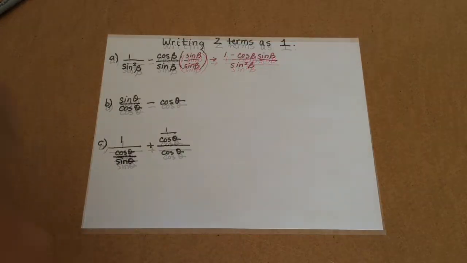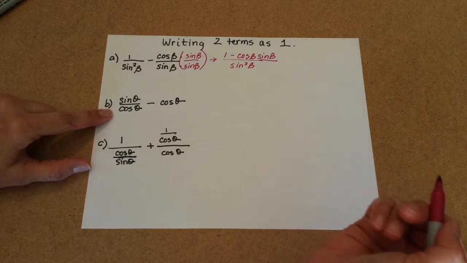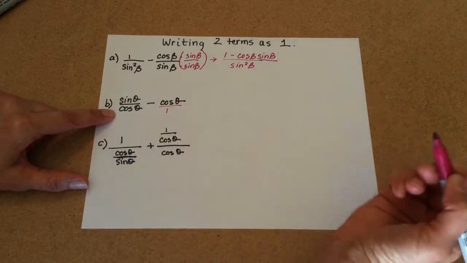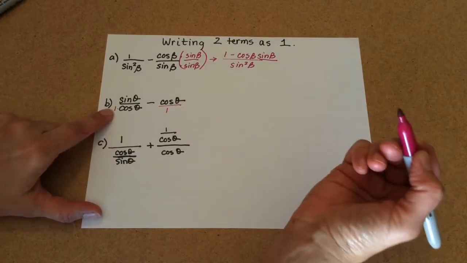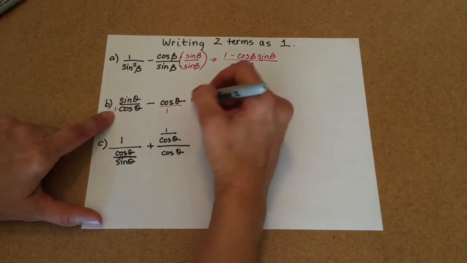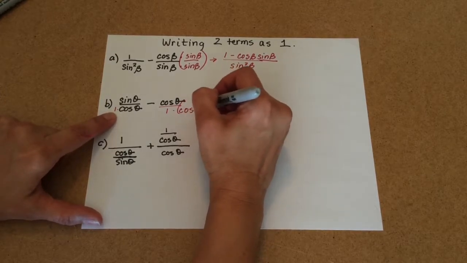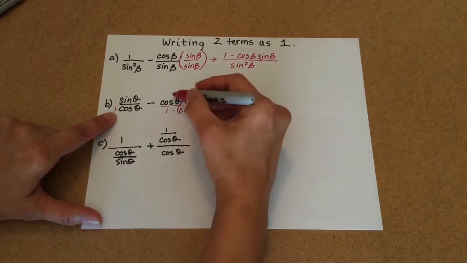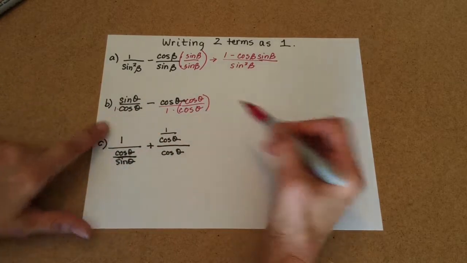Okay, for problem B, we want to combine these into one term. So first we'll create a fraction, and then we'll go with the jealous denominator. This one already has the invisible one, so this one just wants what this one has. So we're going to do times cosine theta over cosine theta, so that we're multiplying this term times 1, but we're giving them the same denominator.